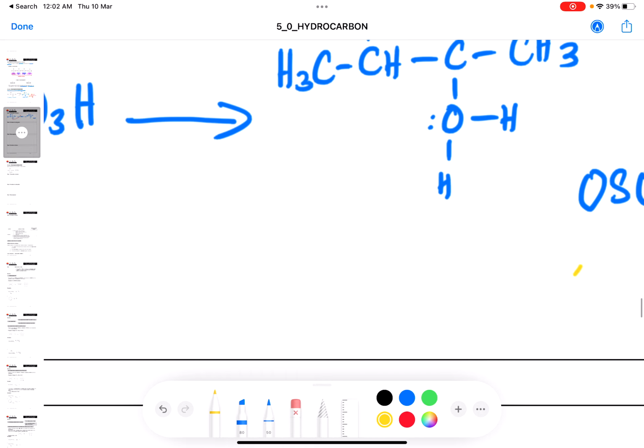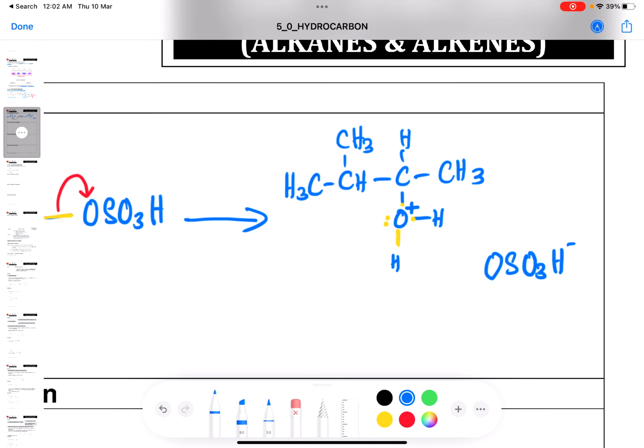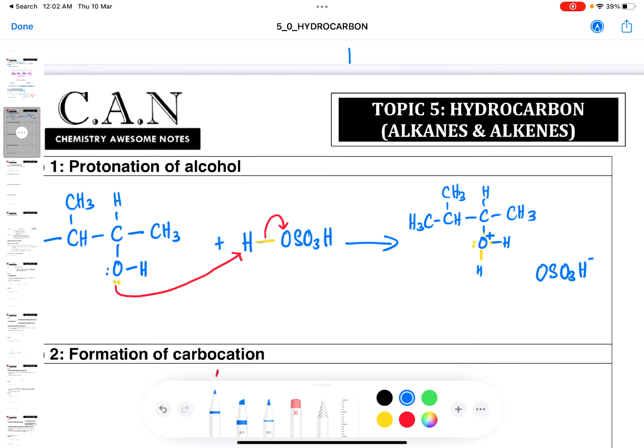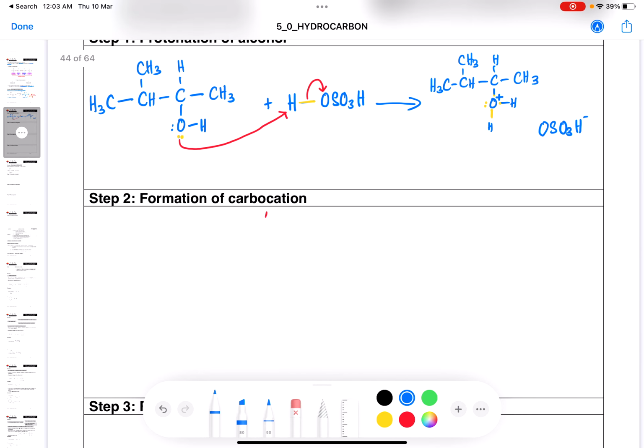According to the formal charge, oxygen has 6 valence electrons, but because only 5 electrons are assigned to the oxygen, it is less 1, and that is why oxygen becomes positive. That is what we call protonation of alcohol. So our alcohol has been protonated.